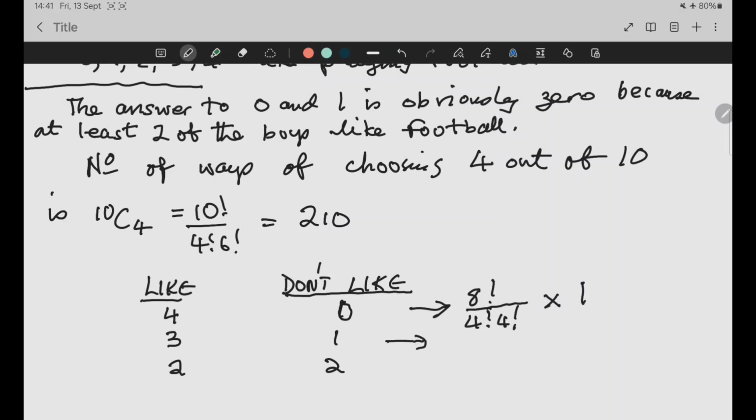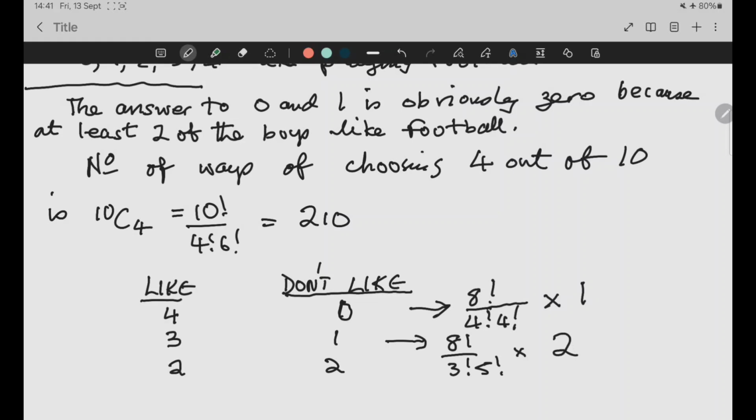For the next part, the number of ways of choosing 3 boys out of the 8 will be 8 factorial over 3 factorial times 5 factorial, and the number of ways of choosing 1 boy out of the 2 is obviously 2, because we can choose either boy.